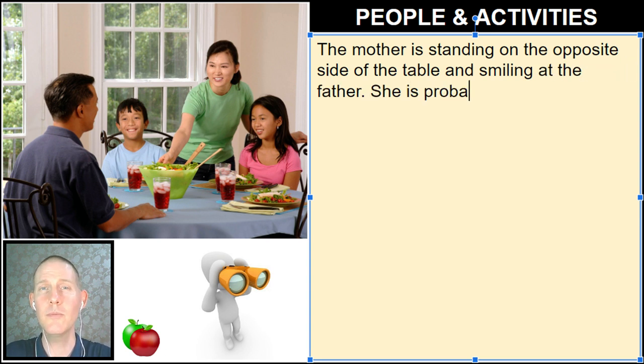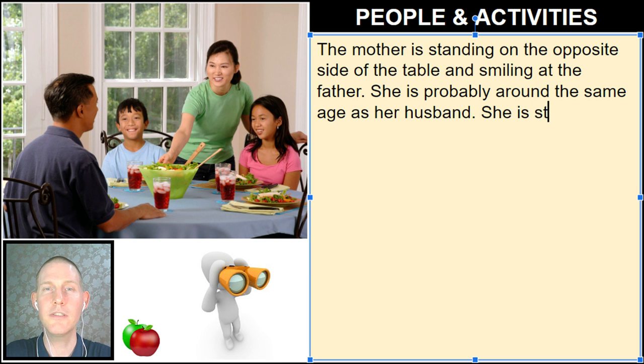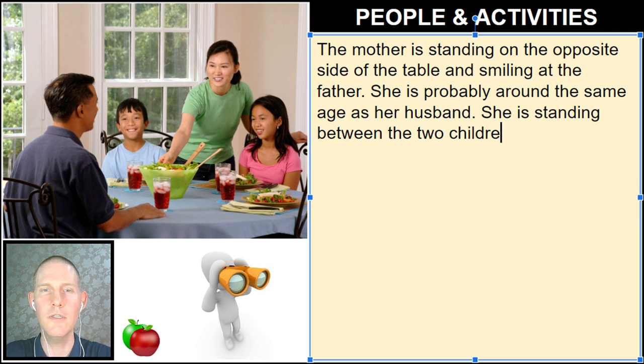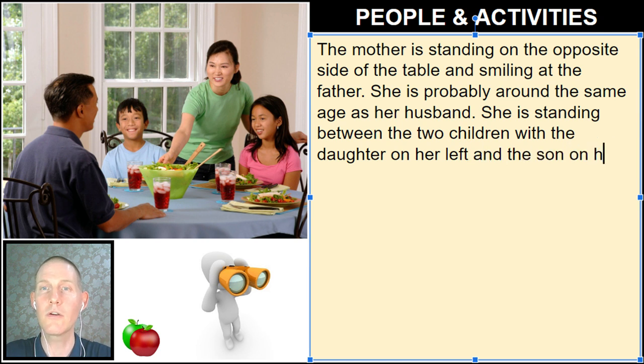She is probably around the same age as her husband, right? She is standing between the two children with the daughter on her left and the son on her right. So we're talking about the mother only in this section.